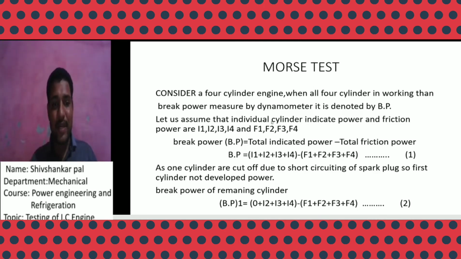Let us assume the individual cylinder indicated powers and friction powers are I1, I2, I3, I4 and F1, F2, F3 and F4.